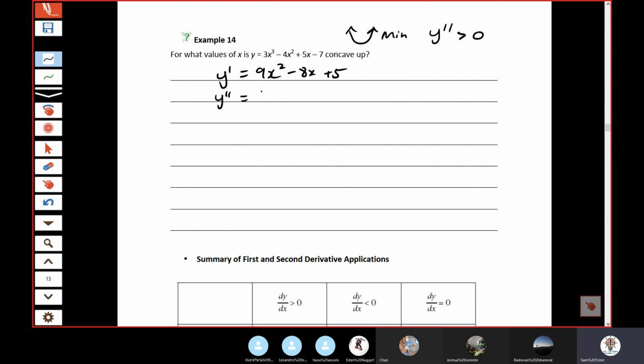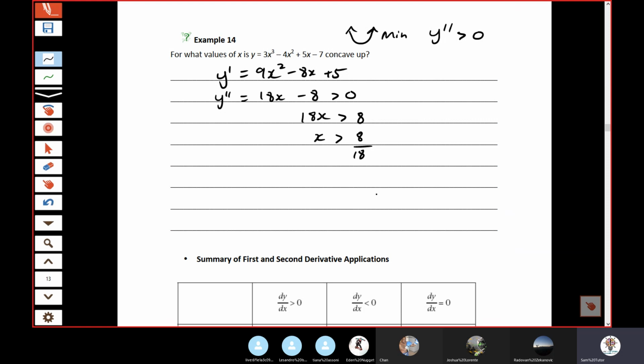Y double dash 18x minus 8. And then what are you going to do, Lysandra, at this stage? Equal to 0. Yeah, pretty much, but essentially greater than 0. Because it's not squared or anything, I think you can get away with greater than 0. Greater than 8 on 18. As long as x is bigger than 8 on 18, it's always going to be concave up.